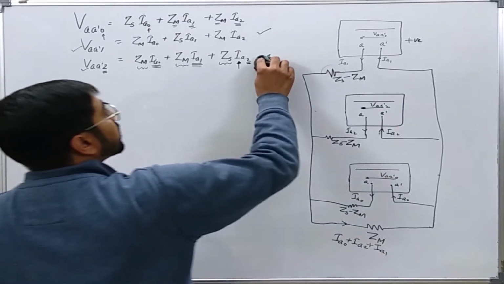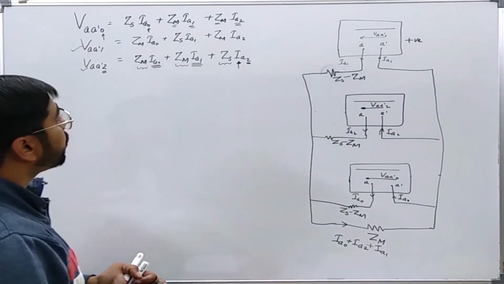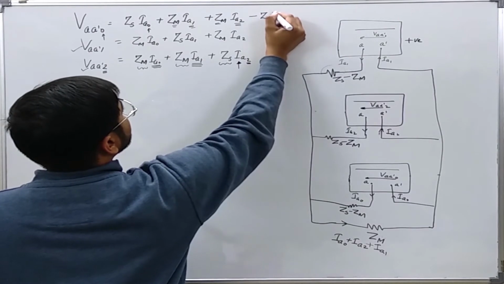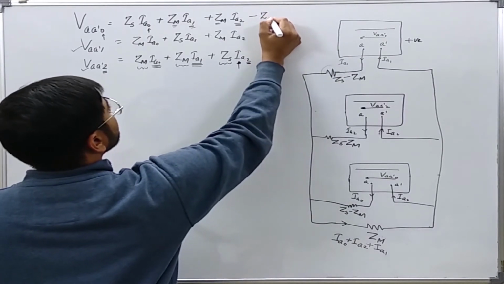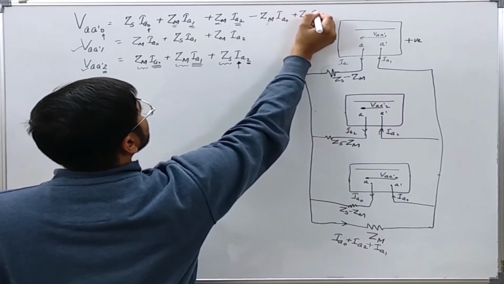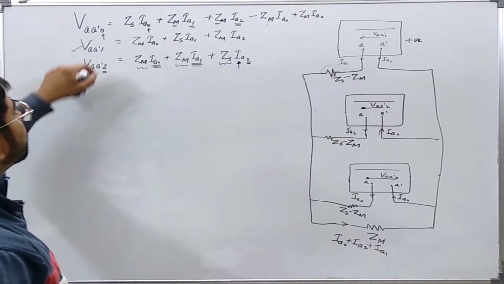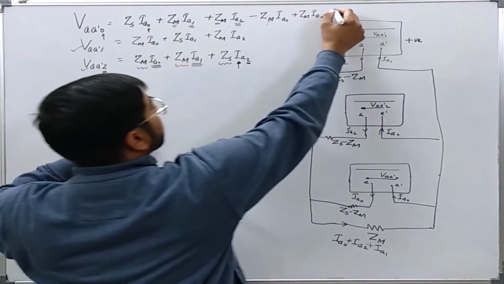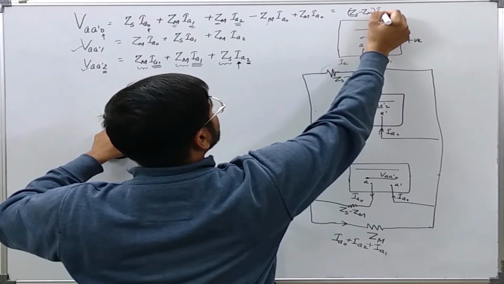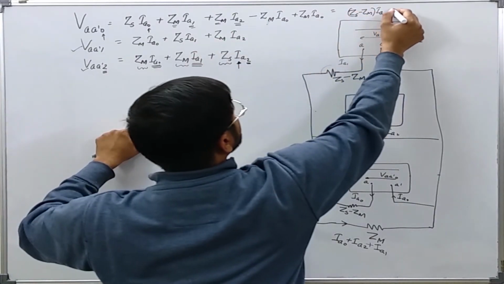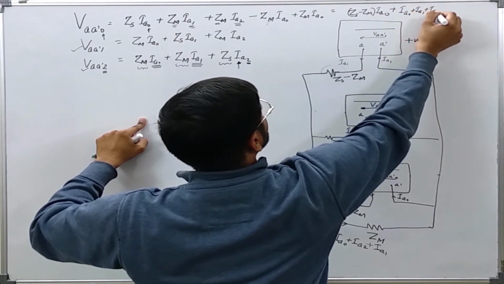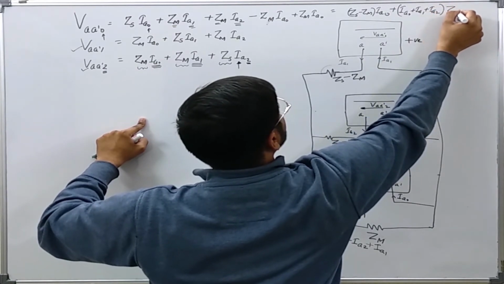I could have derived this network just by adding and subtracting. So it would have given an equation ZS minus ZM IA0 plus IA0 plus IA1 plus IA2 into ZM.